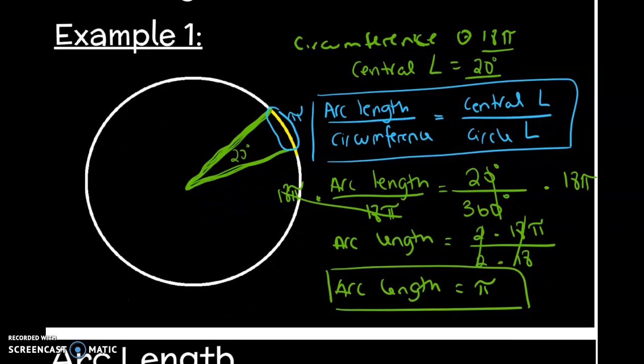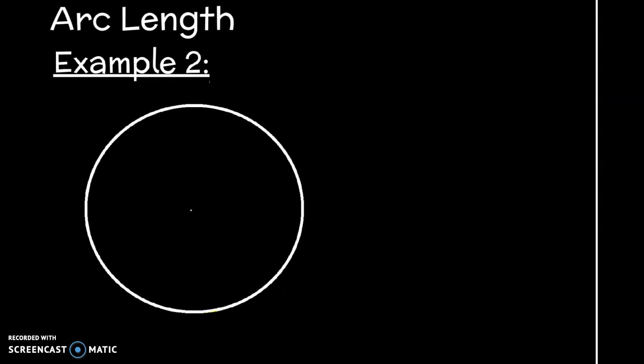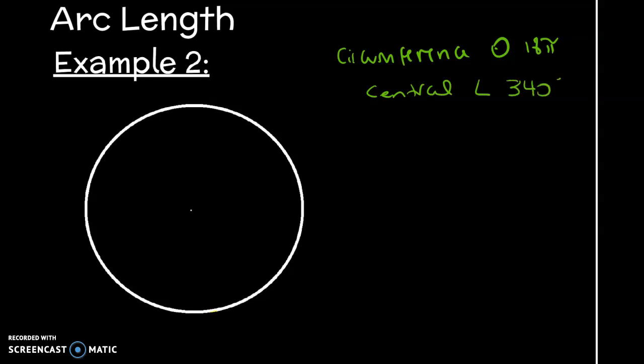So now for my example 2, I'm actually going to keep everything very much the same in terms of the original problem, except for the central angle. So again, I'm going to have my circumference be the same, 18 pi. But this time what I'm going to be looking at is the rest of the circle. So I'm going to be taking a look at the central angle of 340 degrees.